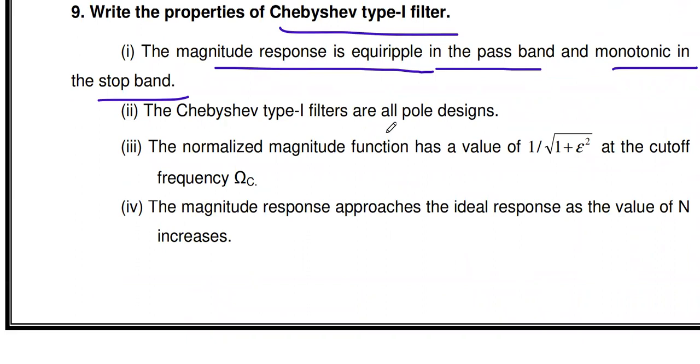And Chebyshev type 1 filters are all pole design. Then the normalized magnitude function has a value 1 by square root of 1 plus epsilon squared at the cutoff frequency omega c. So at the cutoff frequency, the magnitude reaches the value 1 by square root of 1 plus epsilon squared.